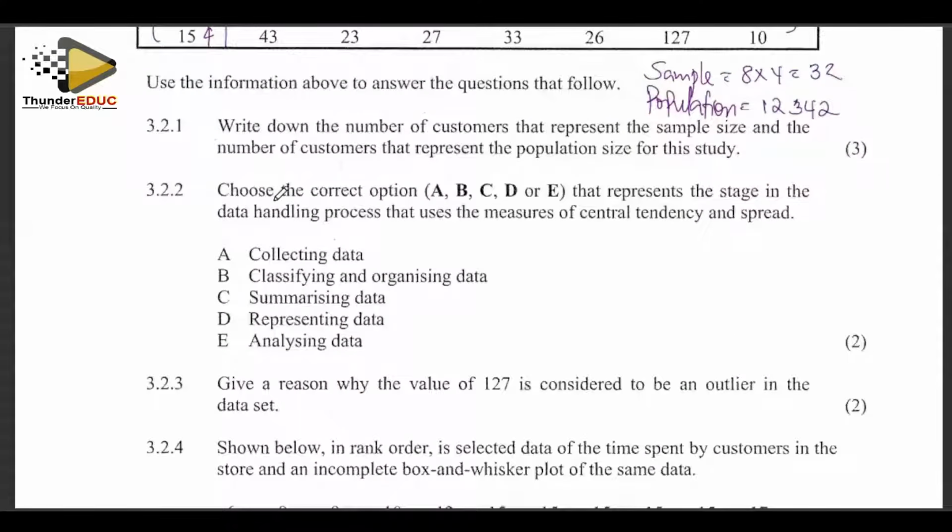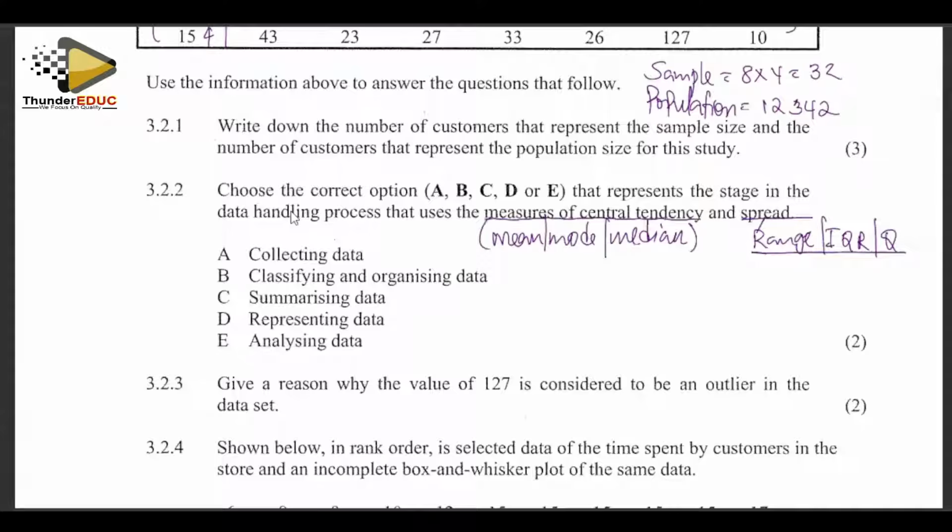All right. Choose the correct option, A, B, C, D, or E, that represents the stage in the data handling process that uses the measures of central tendency and spread. Let's remind ourselves, measures of central tendency. Here we have the triple M, which is mean, mode, and median. Whereas spread, we have range, the IQR, the quartiles themselves, these measures of spread.